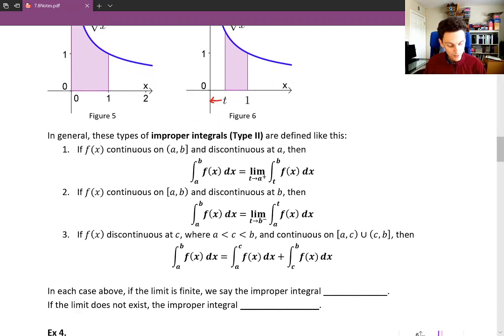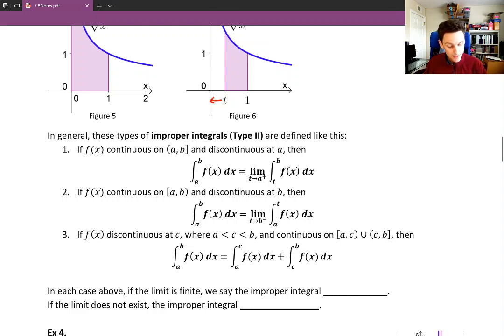So here's what it will look like. If you have a function, which is your integrand, that's continuous on your interval from a to b, but discontinuous at a, so that's like the left side, kind of like in Figure 5. The a is like 0 in that case.